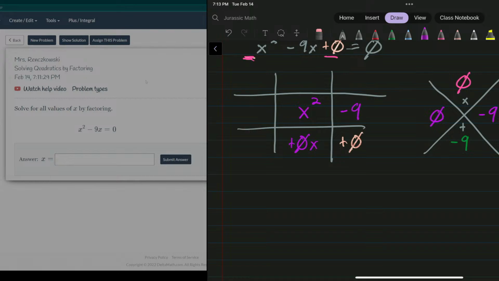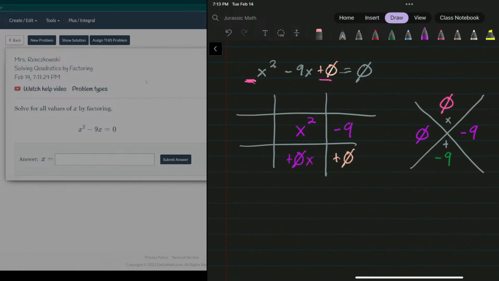This is where it gets kind of weird because I would not do it this way, but it is possible because then you can have your red X and your blue X. Well, we have to put a 0 down here, which means our negative 9 goes up here. So our answer would be x plus 0 and x minus 9 equals 0.